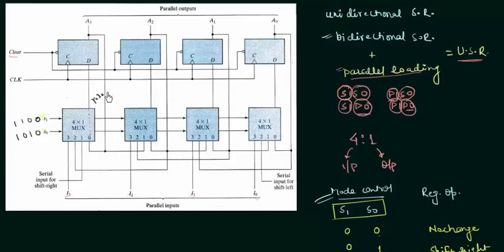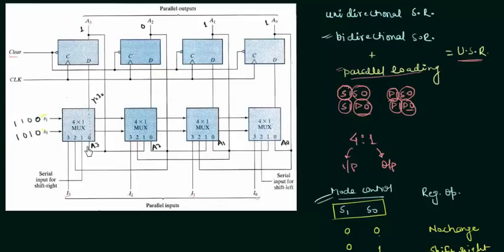You can see the output is connected to the input, and this will play a very important role here because the output is connected to I0. So here we have A3, and here we have A2. Similarly, we have A1 and A0. A3, A2, A1 and A0 are the outputs of our D flip-flops, and let's assume the values stored in these 4 D flip-flops are 1, 0, 1, 1.